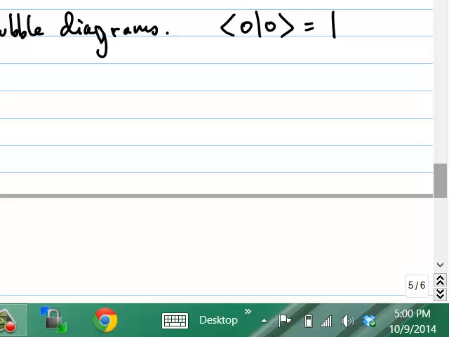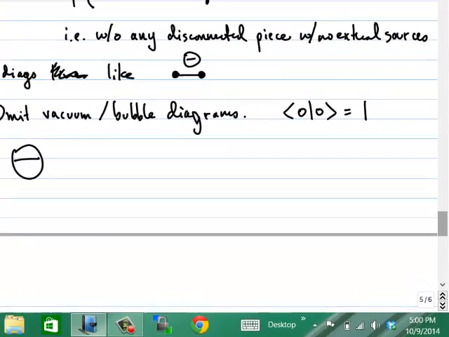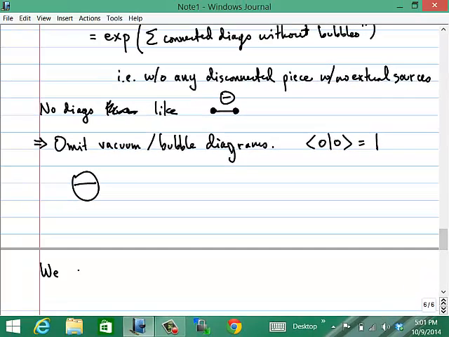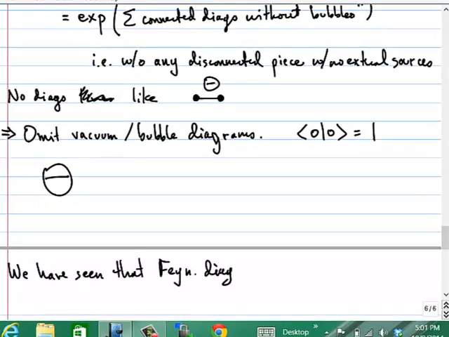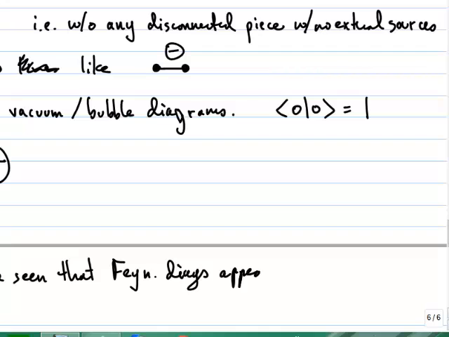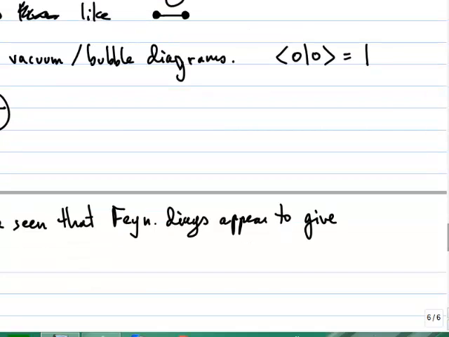So the first thing that I want to bring up involves these one-point functions. What we have seen is that Feynman diagrams appear to give contributions that are non-zero to the one-point function of phi.